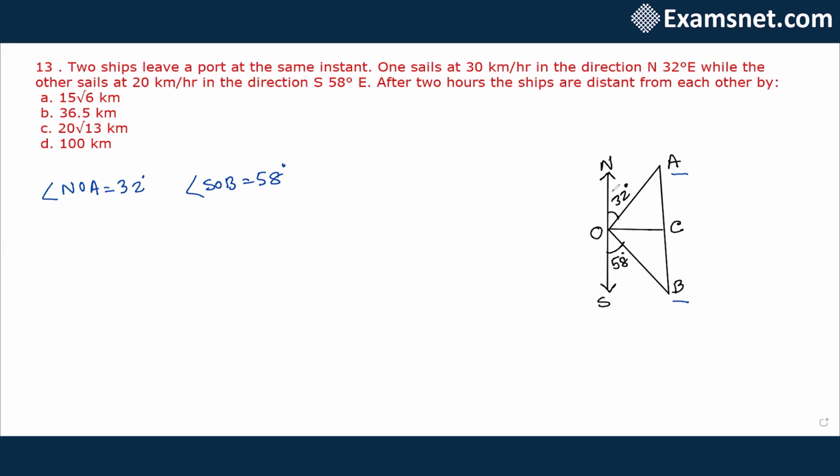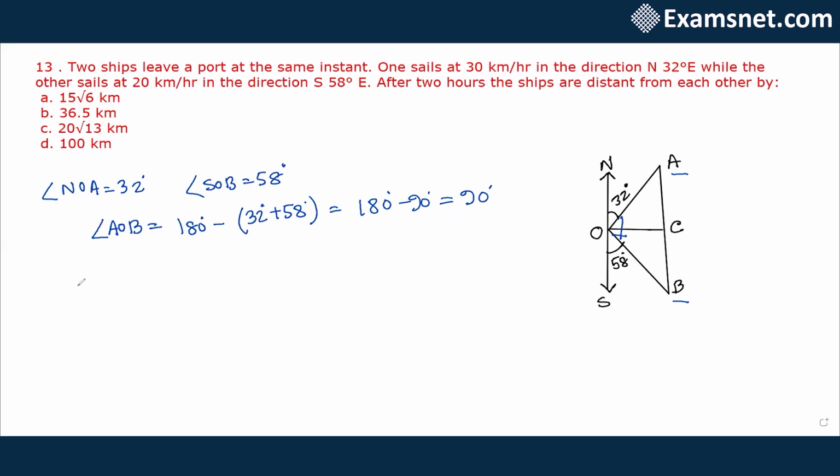Now according to the diagram, we can find the measurement of angle AOB. Since NOS is a straight angle, its measurement is 180 degree. That's why angle AOB will be 180 degree minus 32 degree plus 58 degree, so it becomes 90 degree. So it's a right angle triangle, correct?